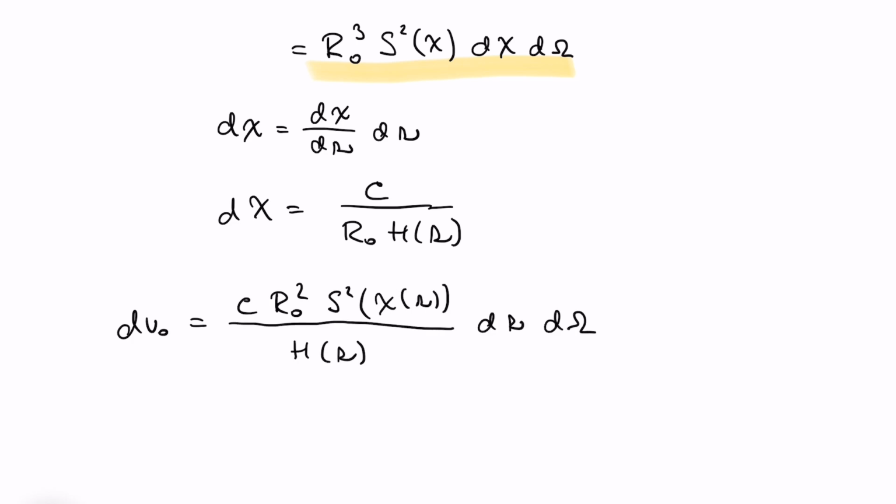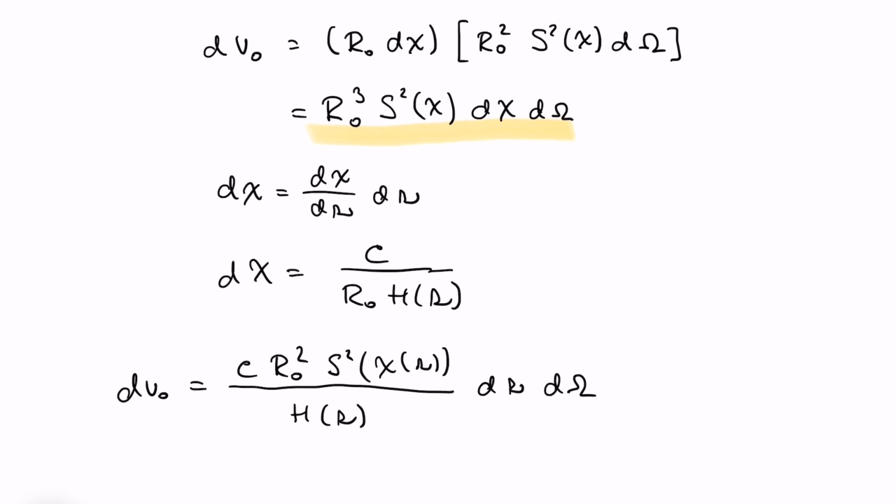This is the present day volume element. But often, when we consider expanding universe, it is useful to derive the time dependence of the volume. To get this, it is easiest to look at the first relation that we had for the volume. It is proportional to R0 to the third power.